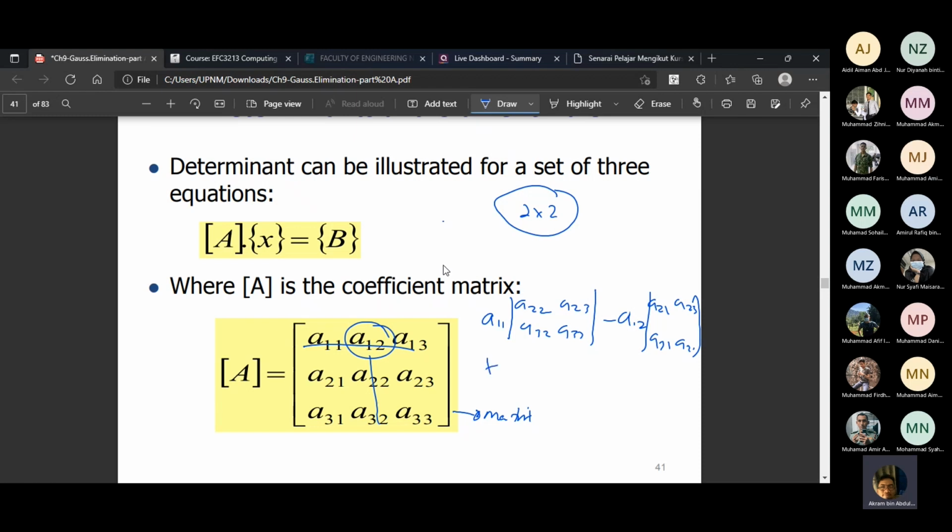Tambah dengan okay, pegang yang ini A13, darab dengan potong determinants untuk A21, A22, A31, A32. Betul tak? Ini cari determinants bagi 3 by 3 matrix. Okay.